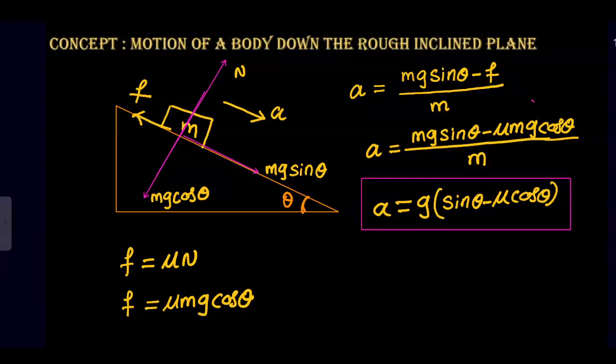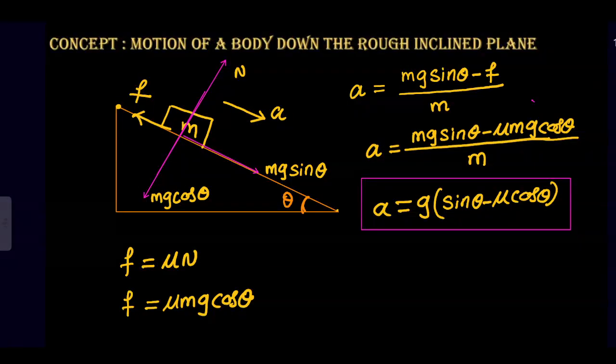Now, let us find how much distance is covered before its velocity becomes 0. Let us assume that initially the body is here at the top, and it reaches the bottom of the plane. Initial velocity of the body, let us say, is 0. And when it reaches down, what happens to the velocity?